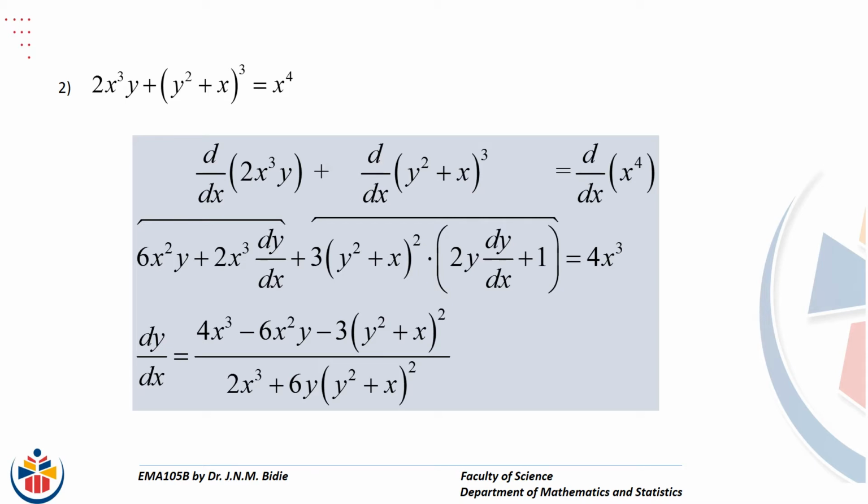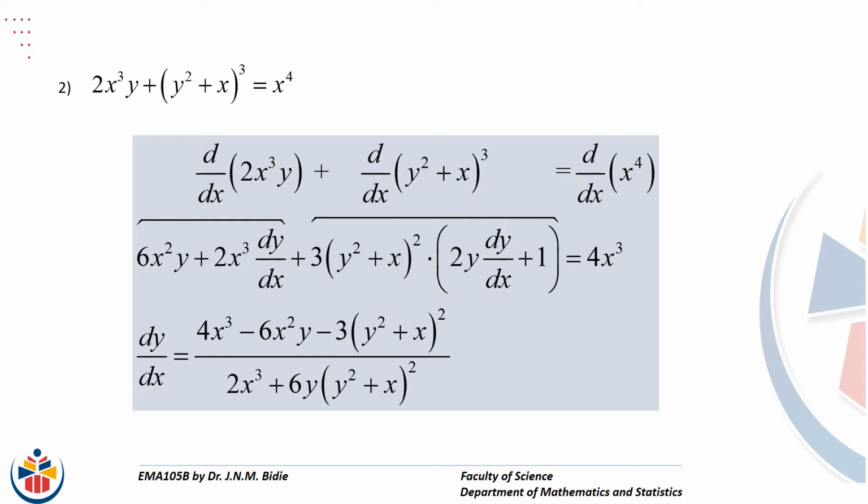First, we find the derivative of the power function. We know the derivative of y squared plus x all to the power 3 will give us 3 times y squared plus x all to the power 2.